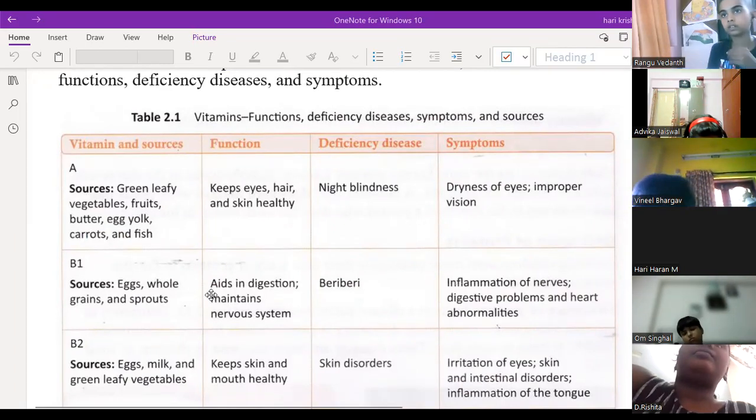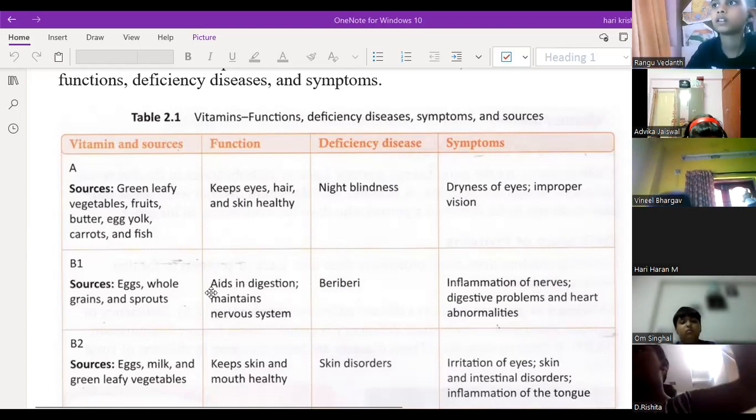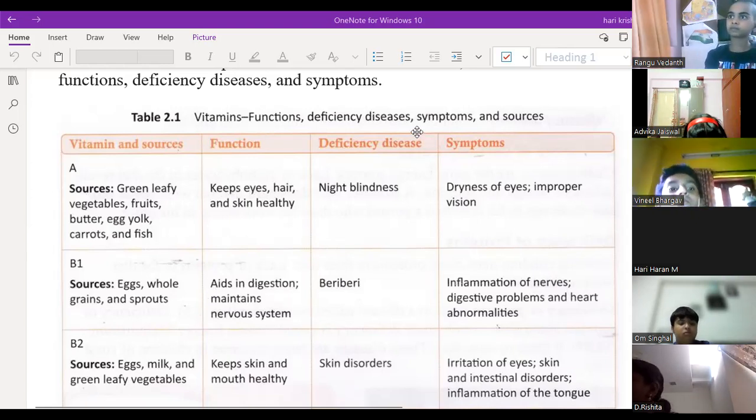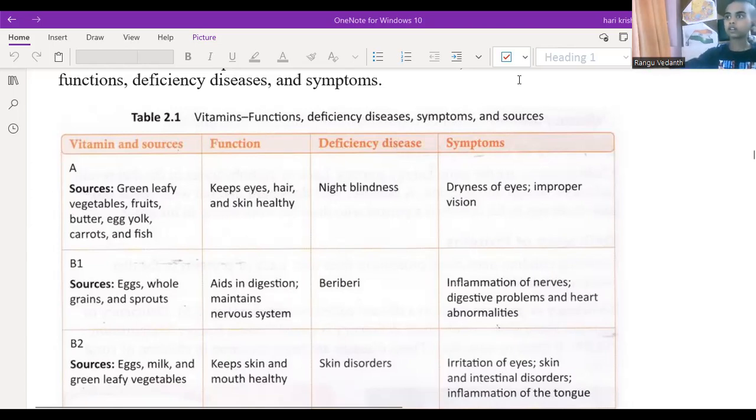The main function of vitamin A is to keep our eyes and skin healthy, and the growth of the hair is also important. Whenever there is a deficiency of vitamin A in our body, it will cause blindness, improper vision, and dryness of the eyes. So these are the symptoms and the deficiency disease.